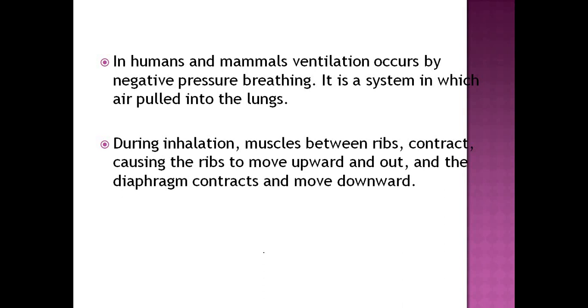In humans and mammals, ventilation occurs by negative pressure breathing. Now, what is negative pressure breathing? It is a system in which air is pulled into the lungs. That means when lungs are less in oxygen, the oxygen enters from the atmosphere, and at that time, the lungs are filled with more carbon dioxide.